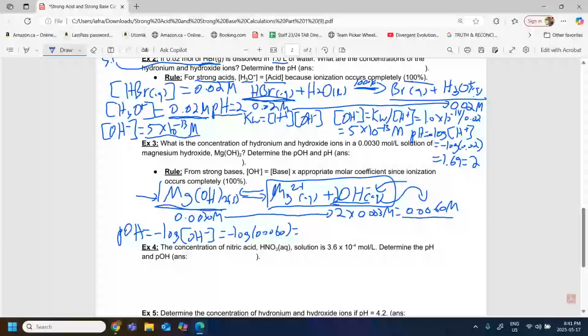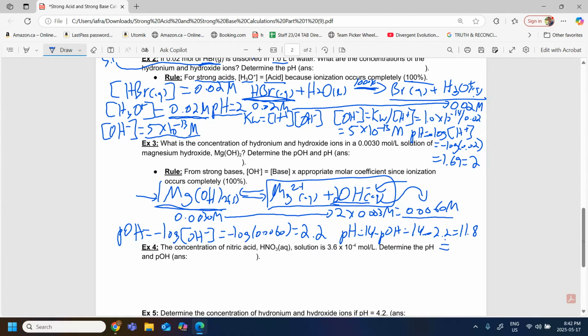So log of 0.0060, and I get about 2.22 or 2.2. And then for the pH, I can simply do 14 minus pOH, which is 14 minus 2.2, and I get about 11.8.